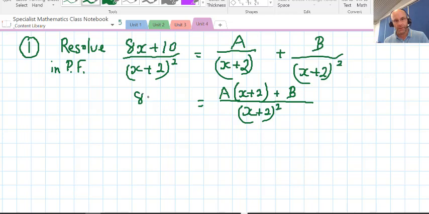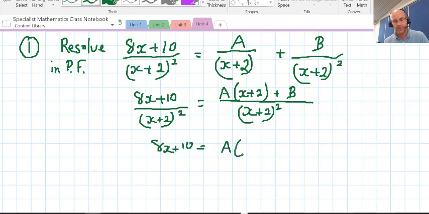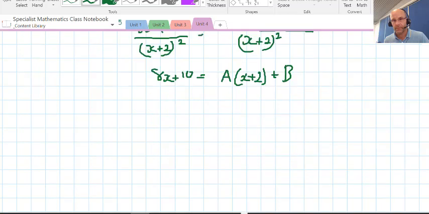So essentially we can just equate the numerators as we saw in previous videos, and that would mean 8x + 10 equals A times (x + 2) + B. And because we're not worried about the denominator now, it is so for any real value of x.